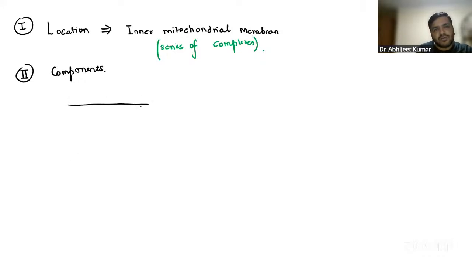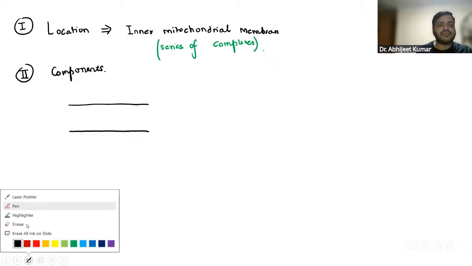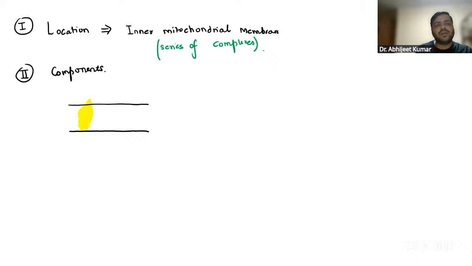We have the outer mitochondrial membrane and the inner mitochondrial membrane, right? Inside we have the mitochondrial matrix, or the space. We have something called complex 1.